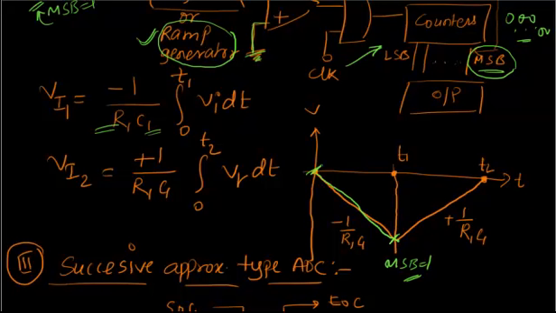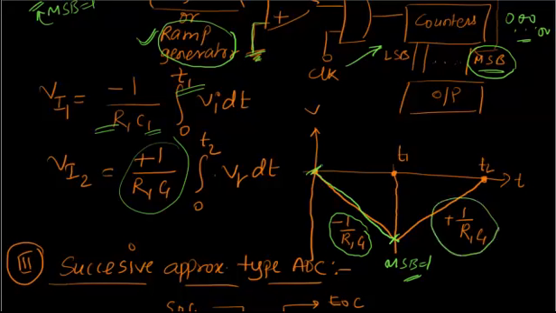So now this is the slope. This is why this is called a negative slope, because it is minus 1 over R1 C1. So up to t1 this is the equation. Now at t2 what happens? Input is now VR, so slope, input is negative VR, right? So minus into minus will be plus and the slope will be positive.